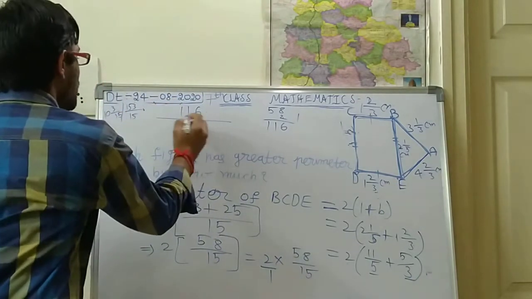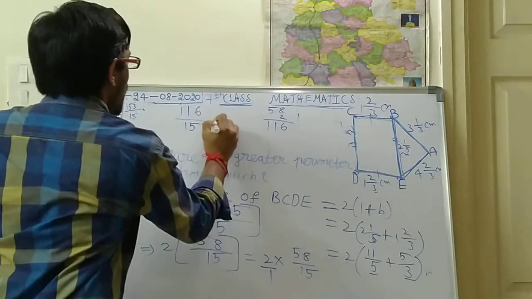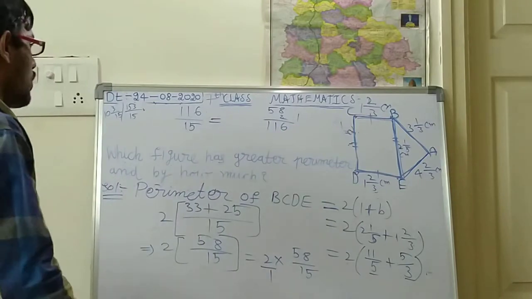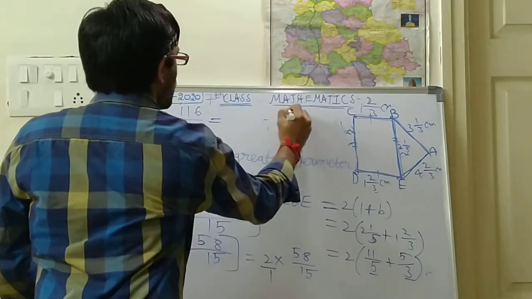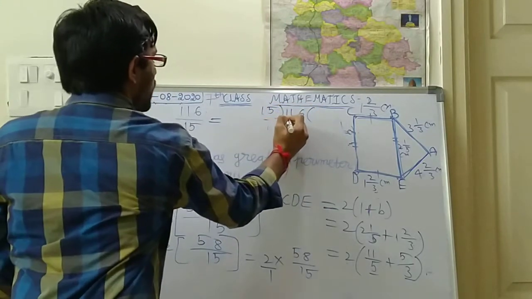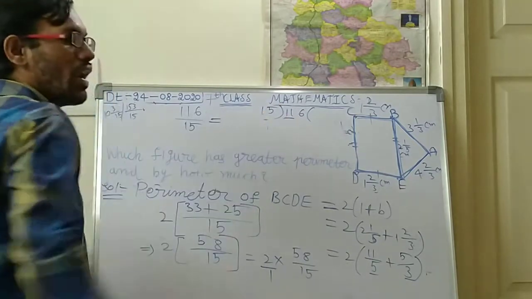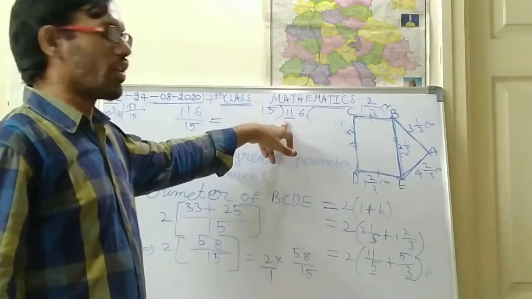So which is greater? First of all, this one we have to convert into a mixed fraction. So 116 by 15 means 116 divided by 15. First take only 2 digits: 11. 11 is less than 15, so we can't divide this one.